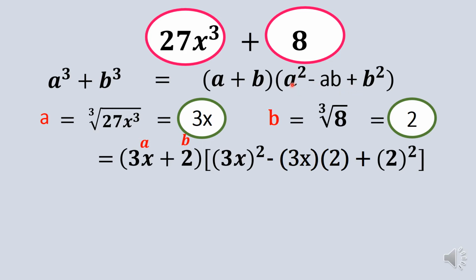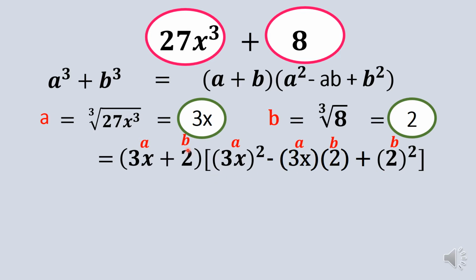Substituting a, which is 3x, we have the quantity 3x squared, minus a times b. Our a again is 3x, and our b again is positive 2. And for b squared, our b is 2, so we have 2 squared.